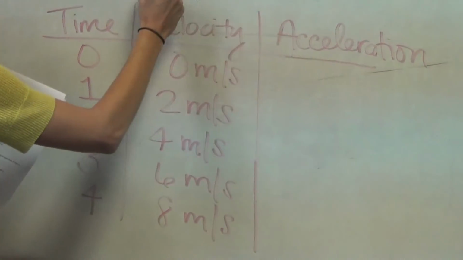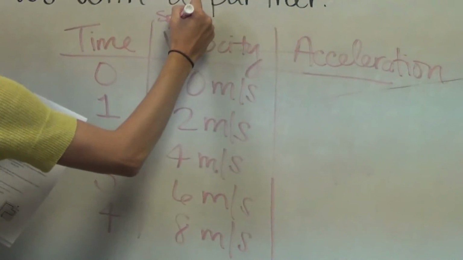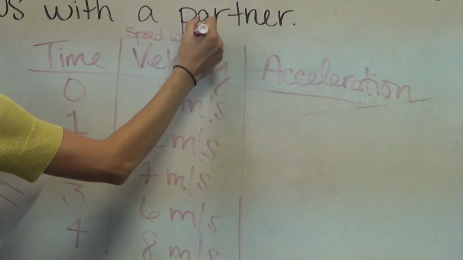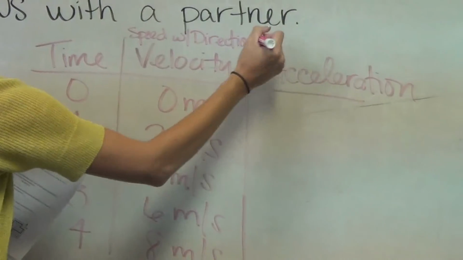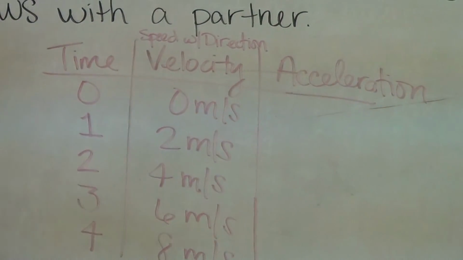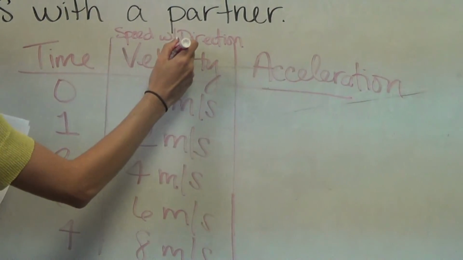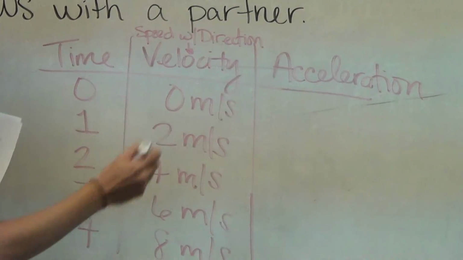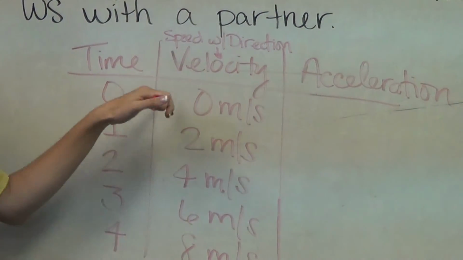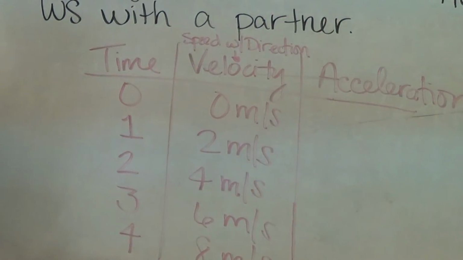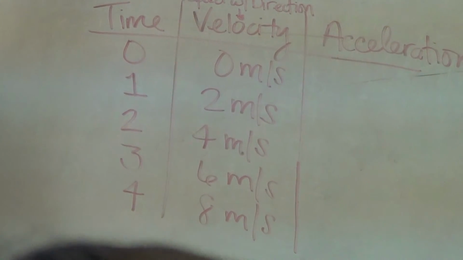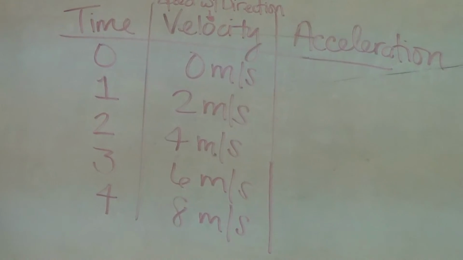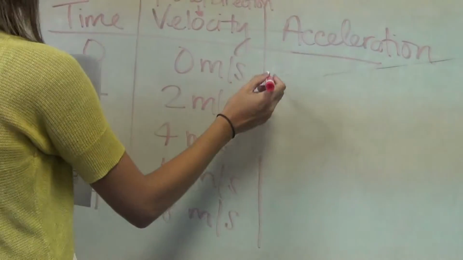Remember, velocity is speed with direction, and they actually don't tell you the direction, so that can be confusing there. But we're likening that to speed. So the speed that you're going, or the velocity, is changing every second, right? The acceleration is by how much it's changing.